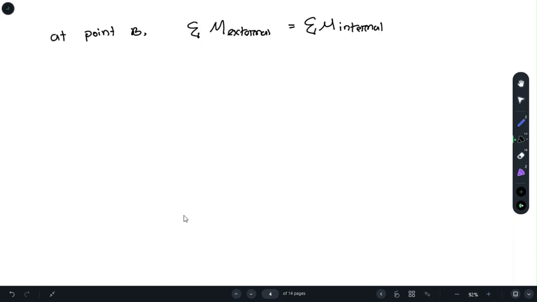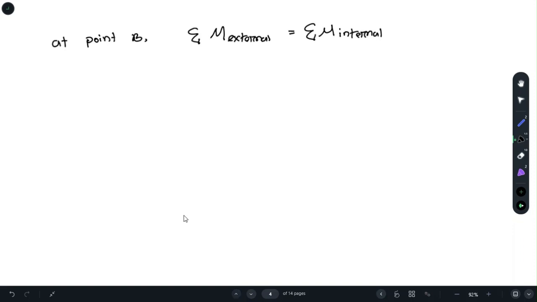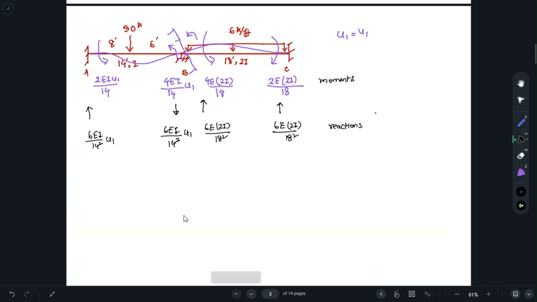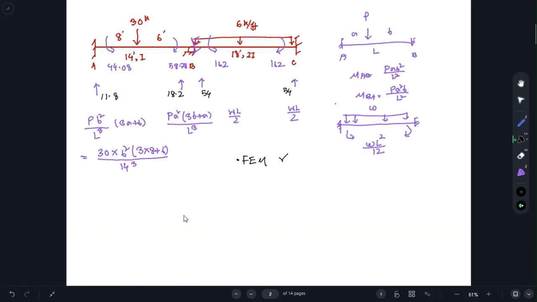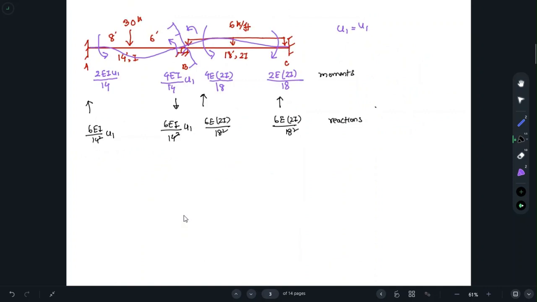So at point B, if you can see, there is no external moment, so the external moment is zero, but we have internal moments. We have four internal moments. One is 58.78, another one is 162, and the other two are 4EI over 14 times u1 and 4EI multiplied by 2I over 18.